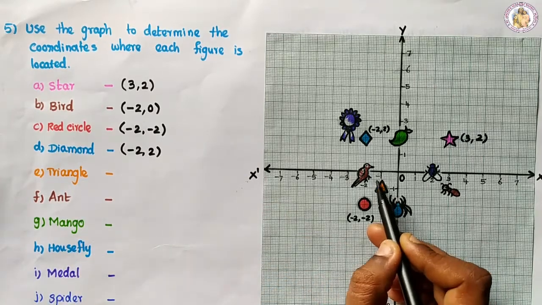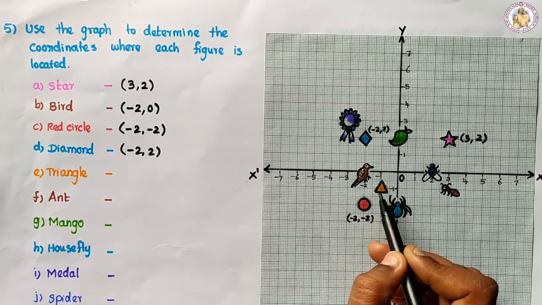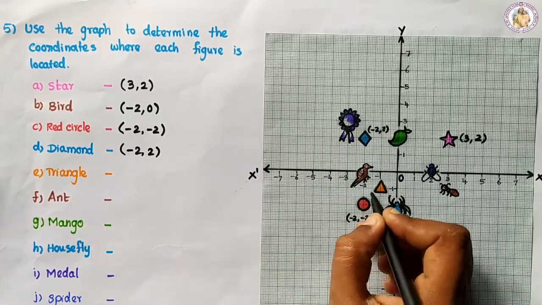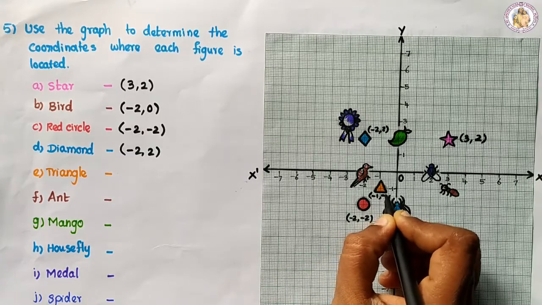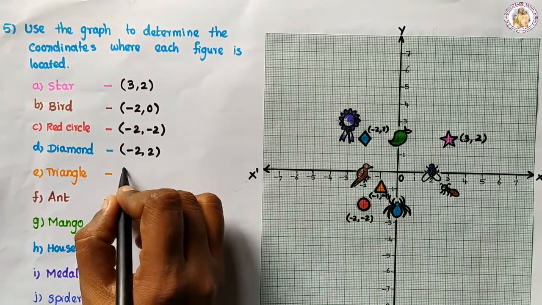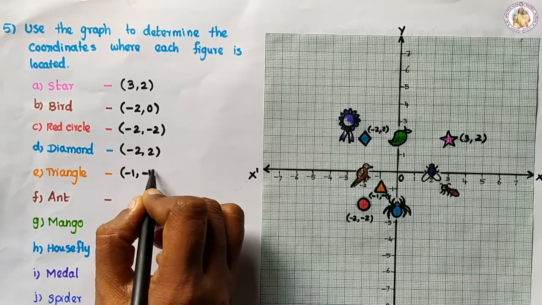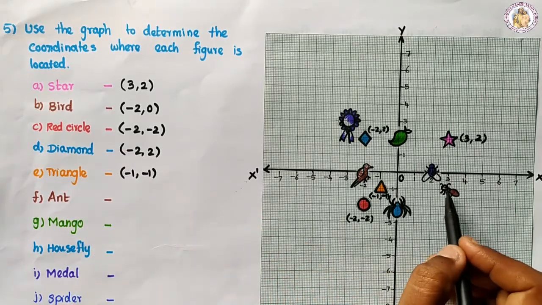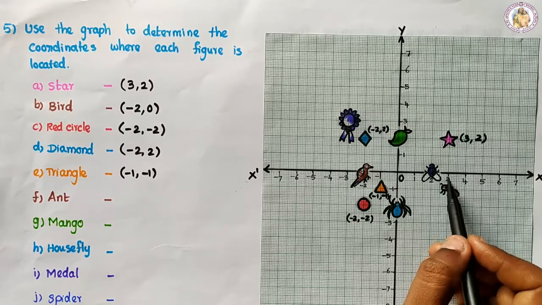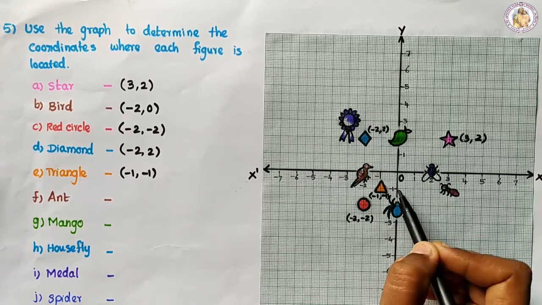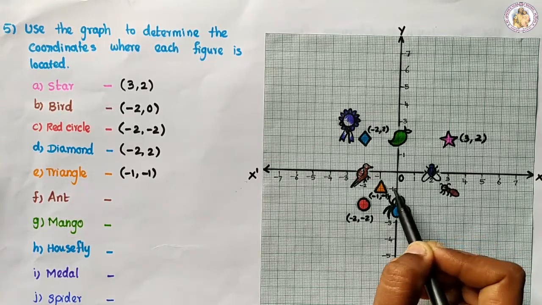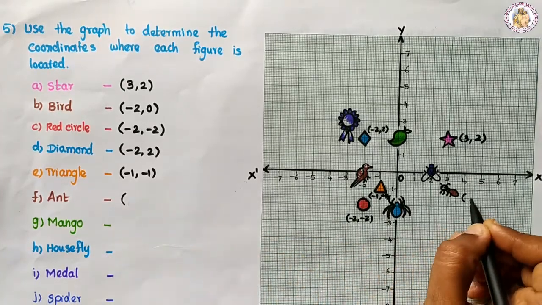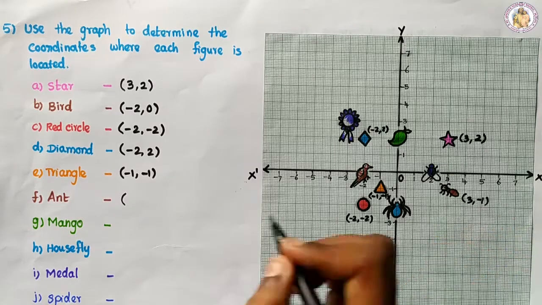Triangle is located here. X-axis is minus 1, y-axis also minus 1. So minus 1 comma minus 1. Ant is located here. X-axis is 3 and y-axis is minus 1. So 3 comma minus 1.